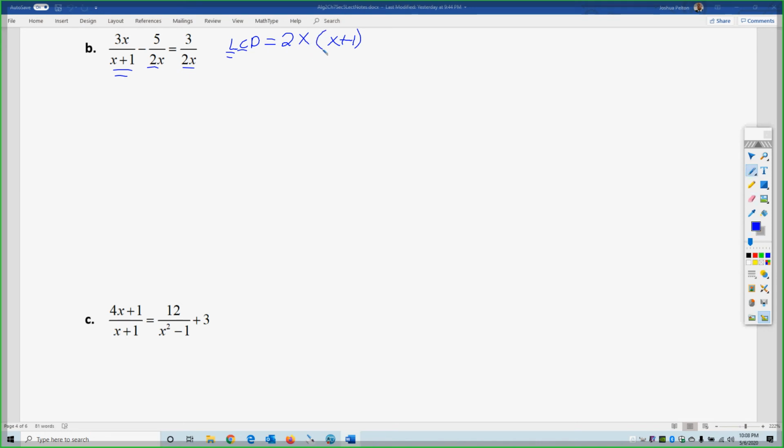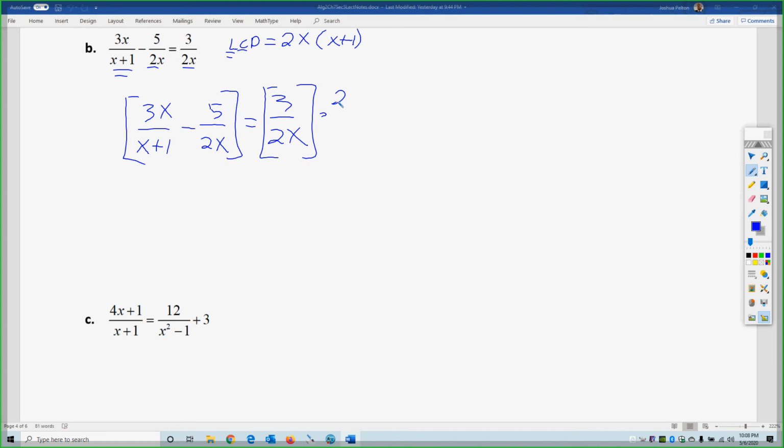There we go. Okay, we have 3x over x plus 1 minus 5 over 2x. So that's the left side equals the right side, which is 3 over 2x. Okay, multiply the right side by 2x, x plus 1, and multiply the left side by 2x, x plus 1.